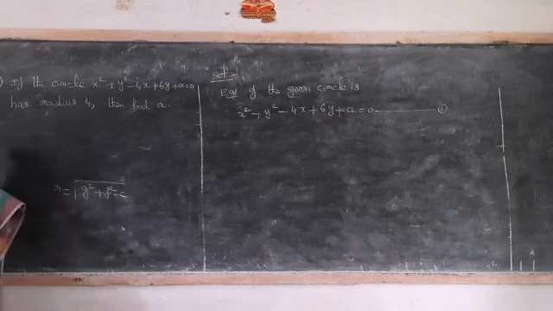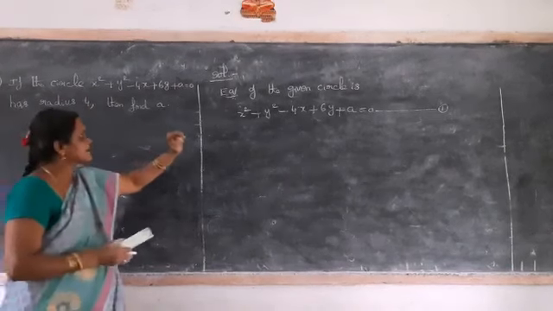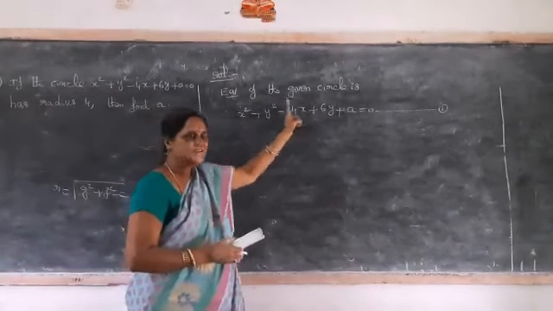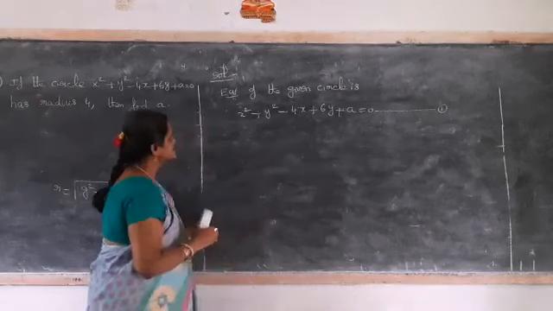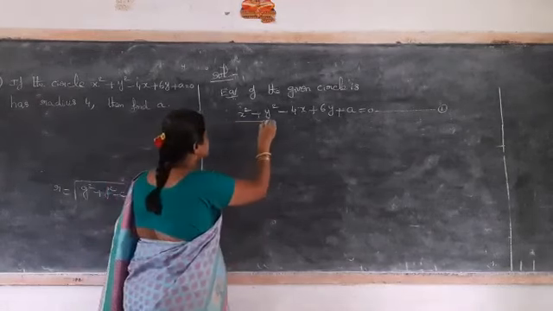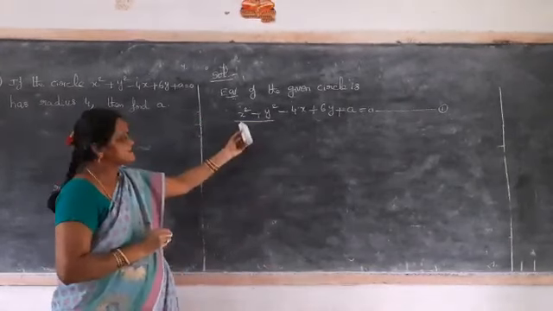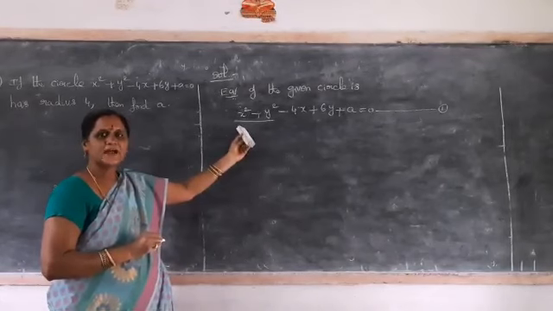Okay, now I start the solution. In this question circle's equation is given. I have written that equation of the given circle. Now you see students, here we have x square plus y square form, means it is in standard form. That's why we can find g, f and c.